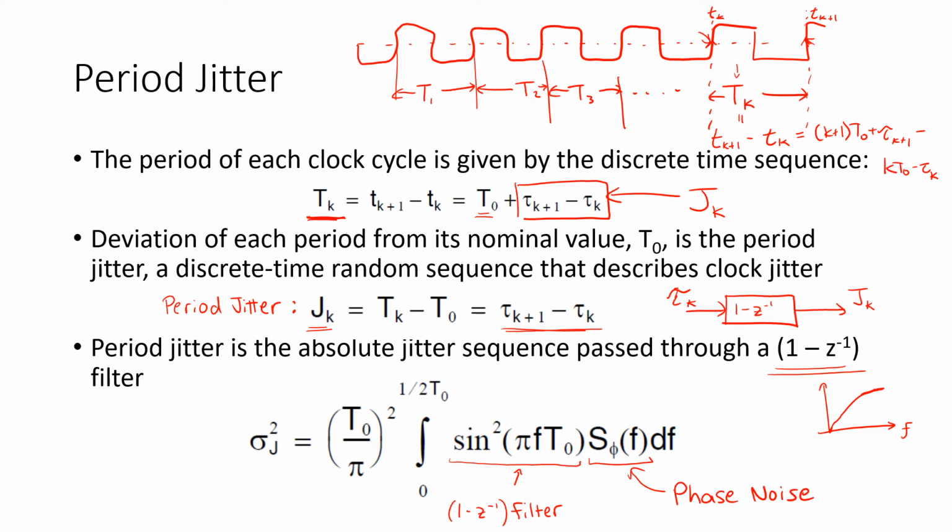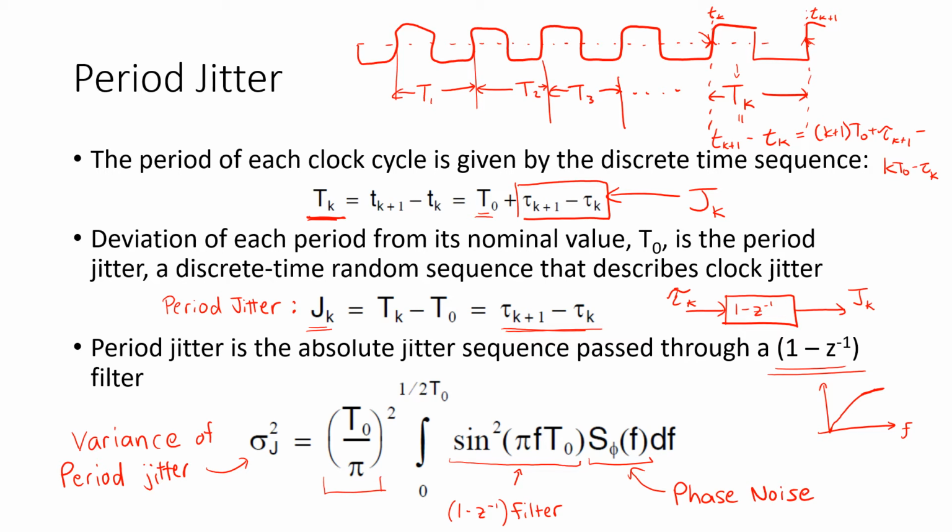Now we can find the variance of the period jitter by taking this filtered phase noise and integrating it over all frequencies. And then finally, we just have a normalization to get back to units of seconds.